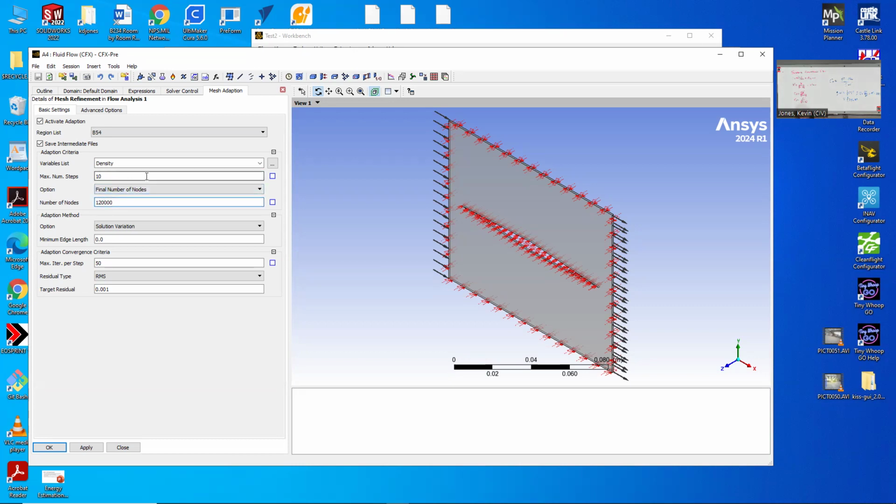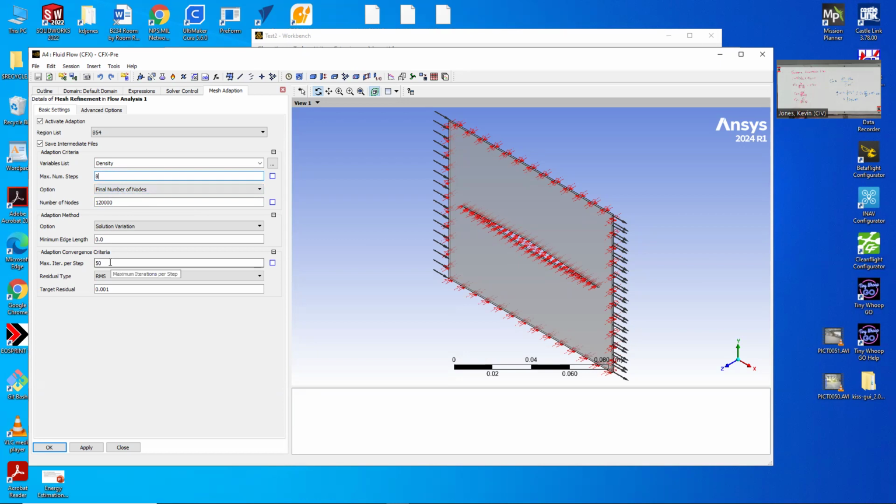What it's going to do is take the initial number and the final number, and divide it into 8 segments, and it's going to try to make sure that each time it refines, you're going to have that number of cells. So it turns out if you add them in small increments, it does a better job of putting them in the right places. At least that's been my experience.